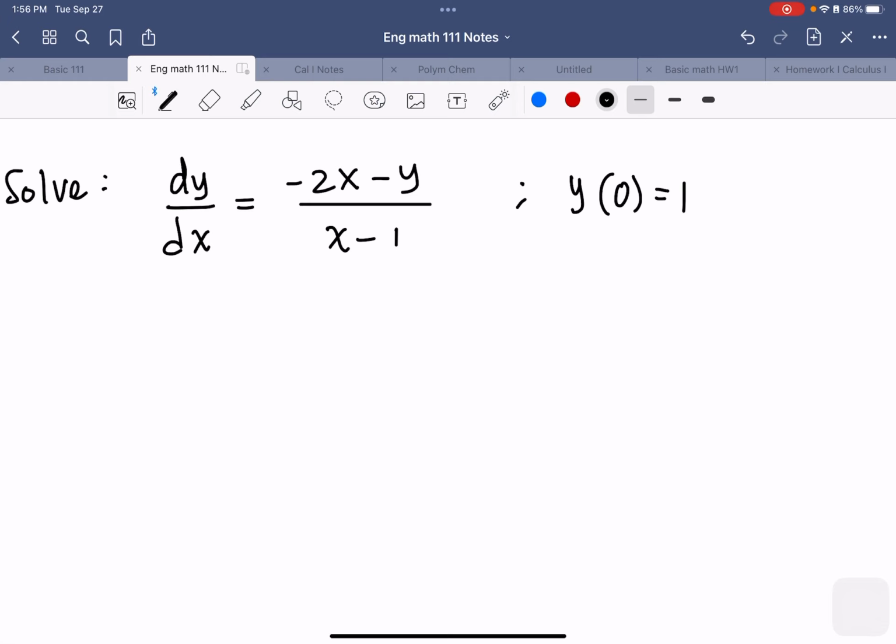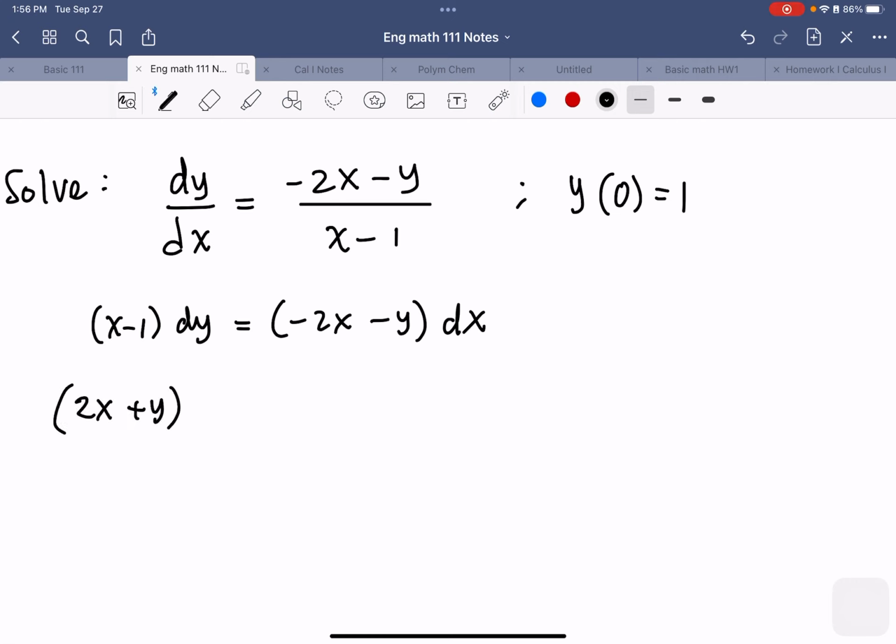Let me help you with the first structure. Okay, and then perhaps we move to one side, and this negative 2x negative y becomes 2x plus y, right? So you can see clearly that this can be rewritten as the structure of exact equations.